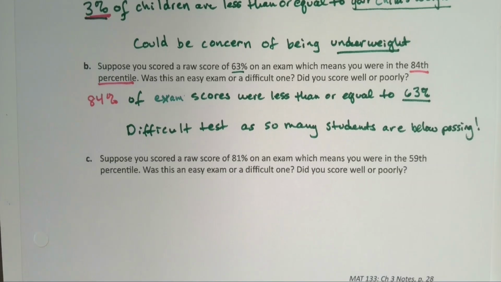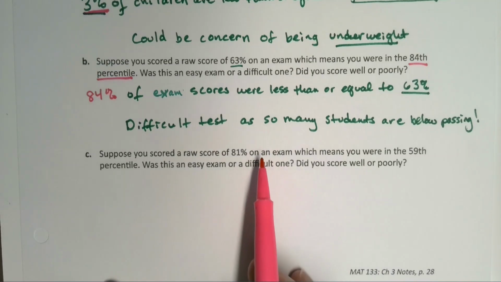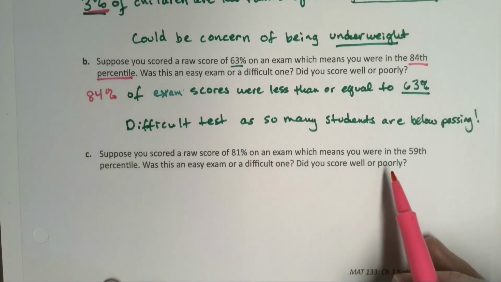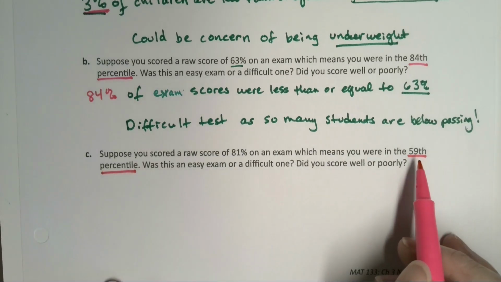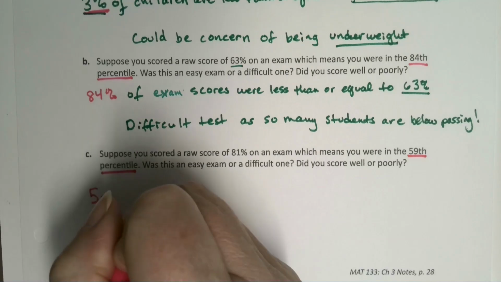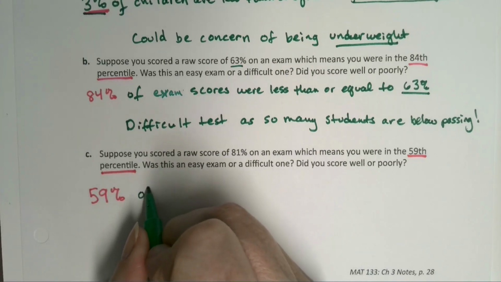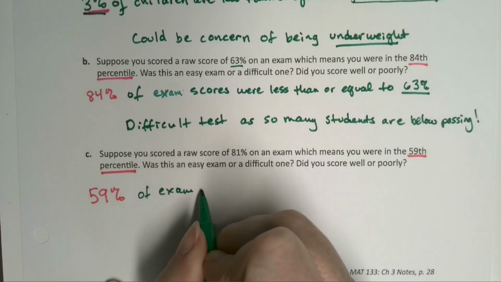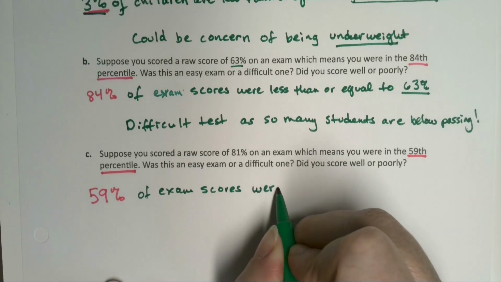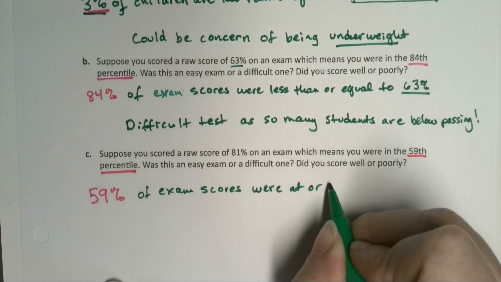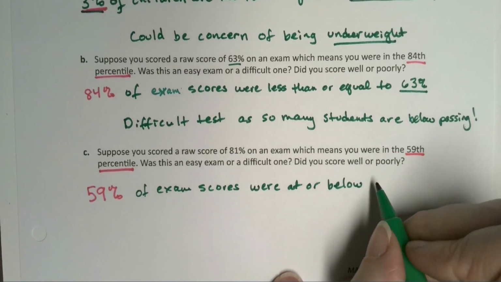Okay, so then suppose you had a raw score of 81 on an exam. So you passed it, but you were in the 59th percentile. Okay, so 59th percentile, that becomes your percentage. So 59% of exam scores, and I'll use the other script this time, were at or below your value of 81%.